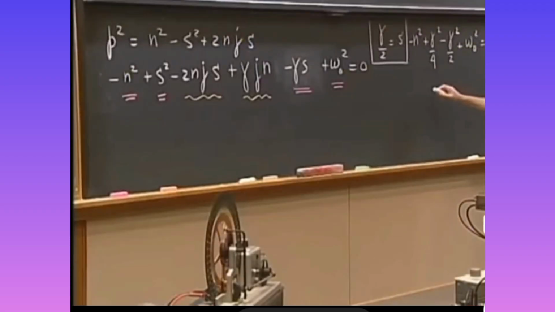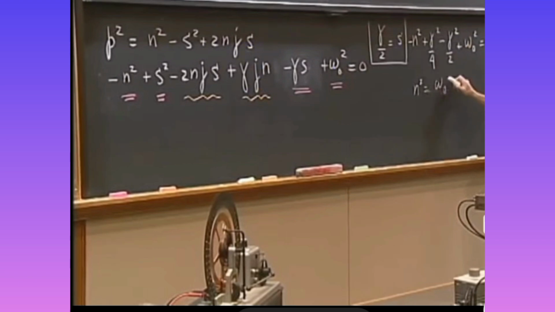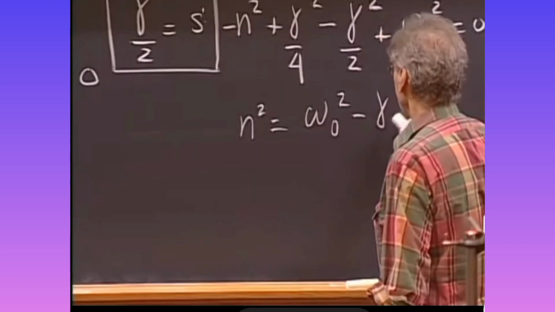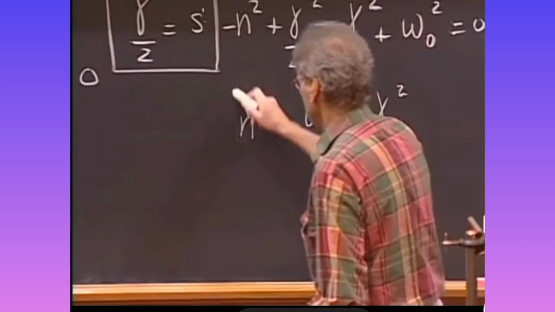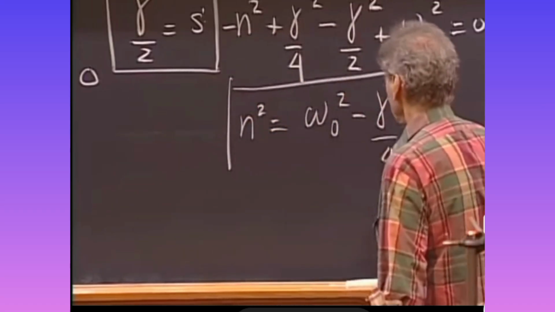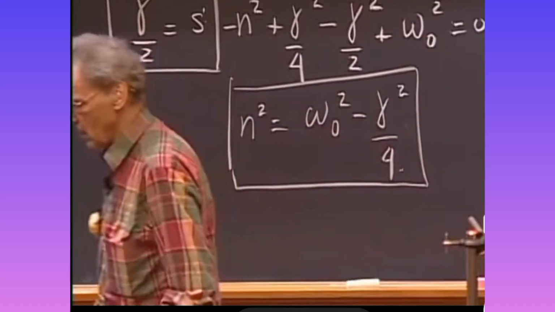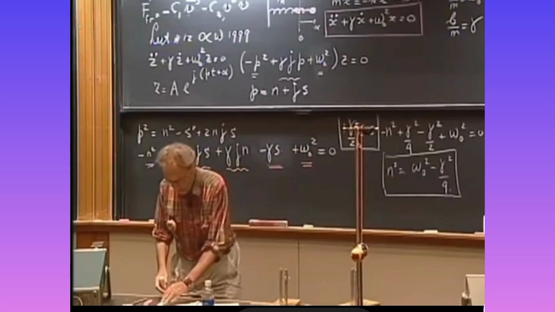And that means that n squared is omega 0 squared minus gamma squared over 4. So we now have n, and we have s.